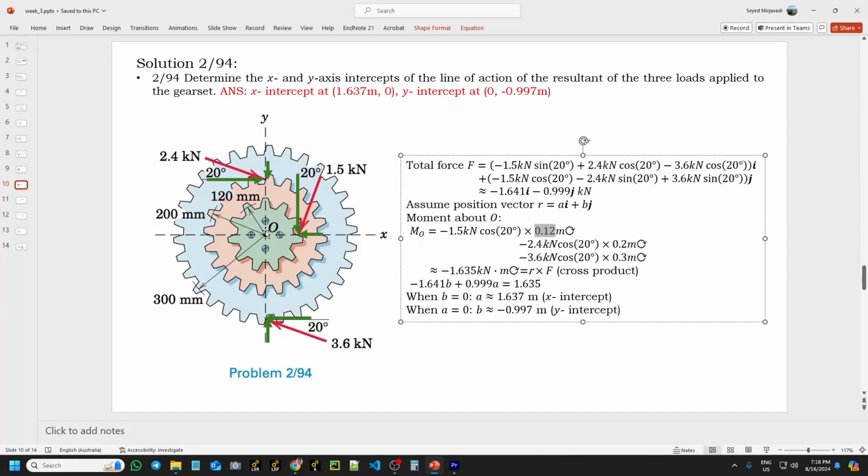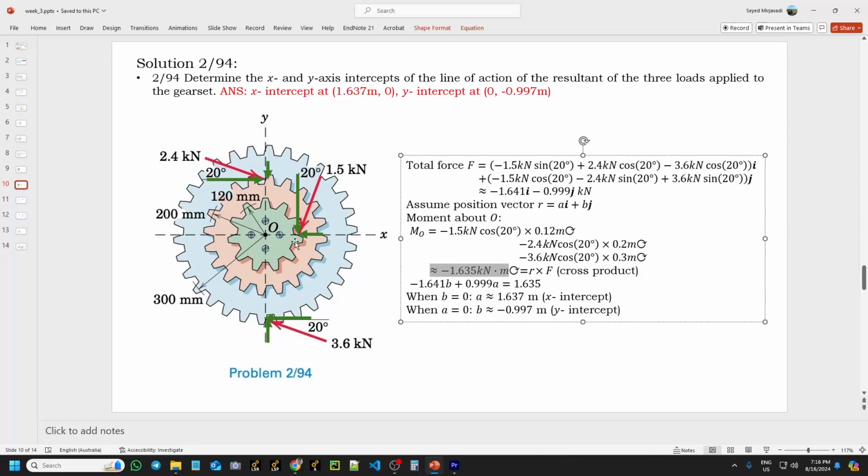So we just put 0.2, because we have to put it in the SI unit, 0.2 meter times the x component, and it is negative. And for these ones, again, the x component times 0.3 and negative. This will be the amount of the moment at the point O.